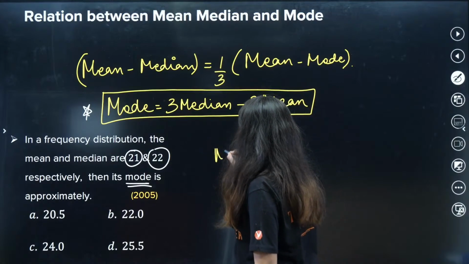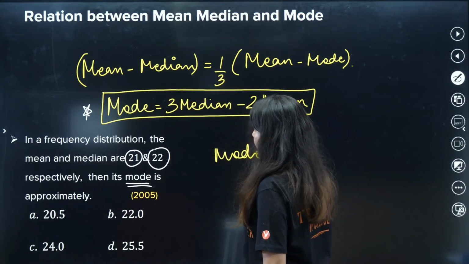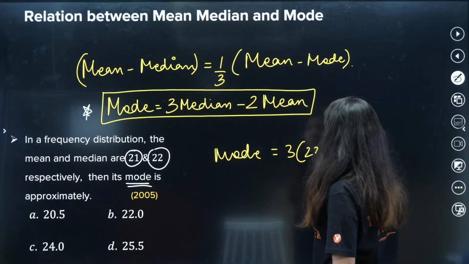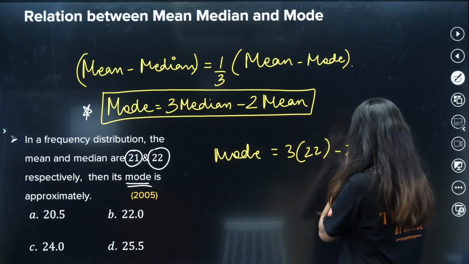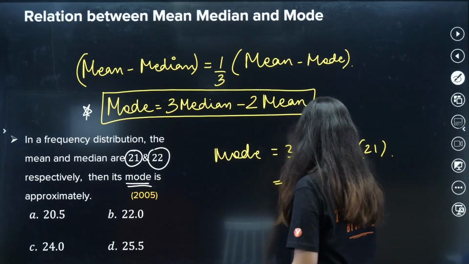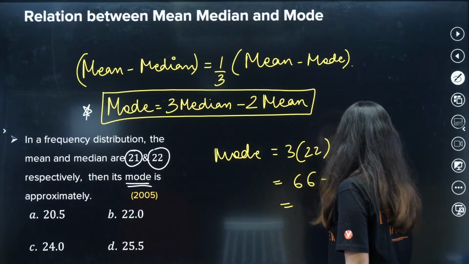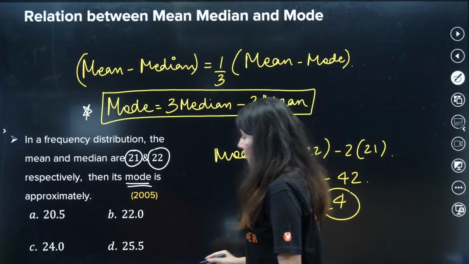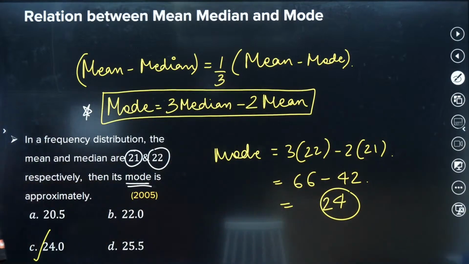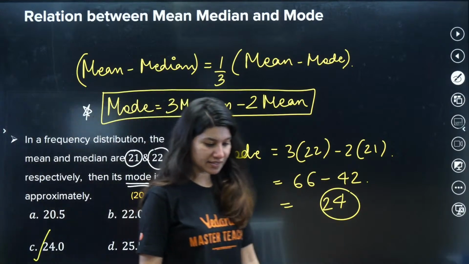Mode would be 3 times 22 minus 2 times mean. So that would be 66 minus 42. 24 is your mode. Empirical formula, yes, 100%. This is what your empirical formula is.